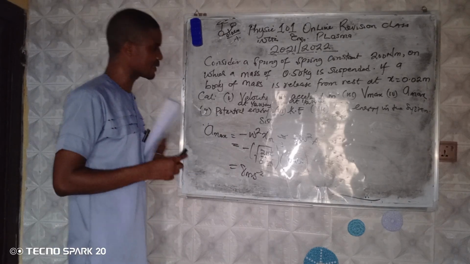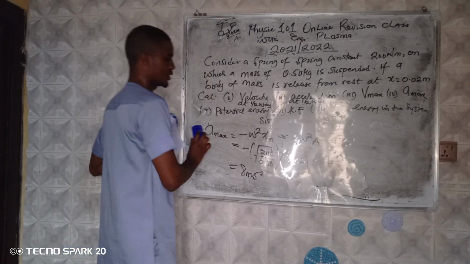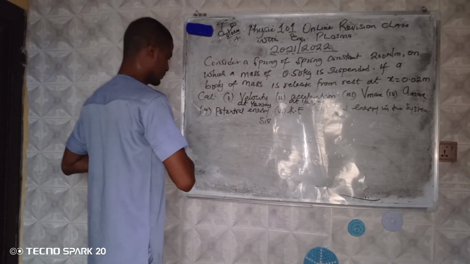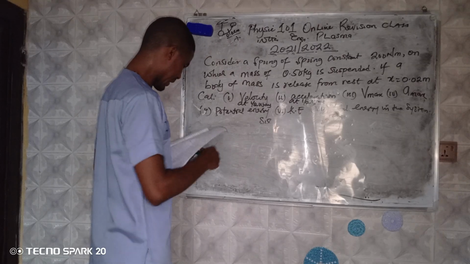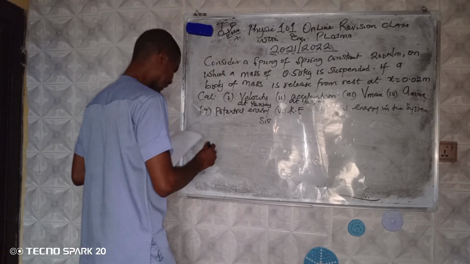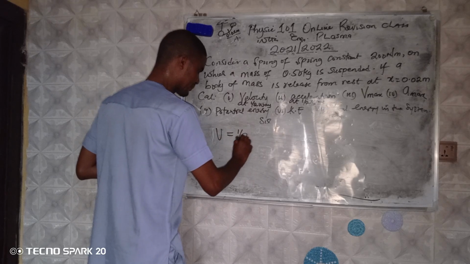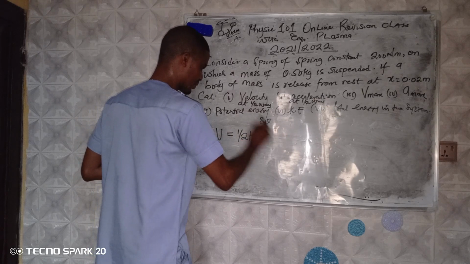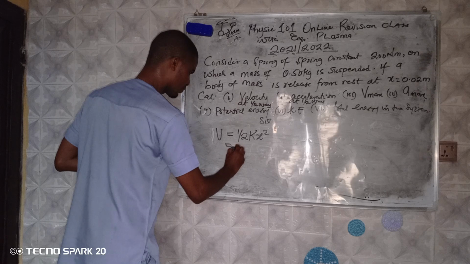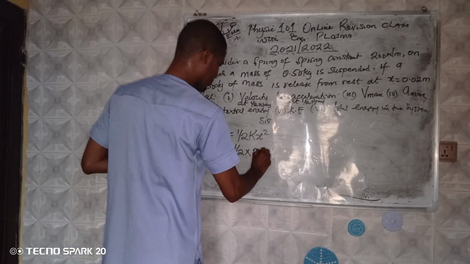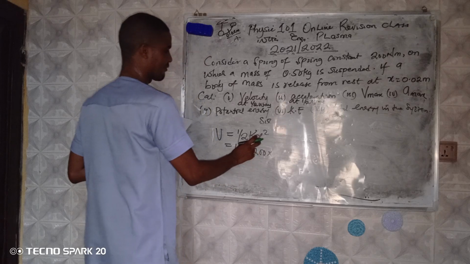Okay. Then the next thing we are talking about is potential energy. Remember that potential energy U is half kx squared. So we have half times 200 times x.